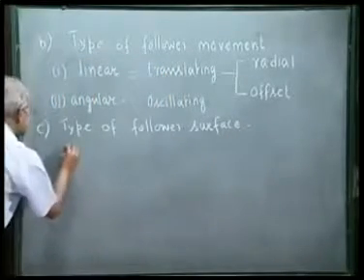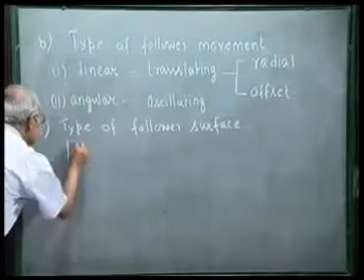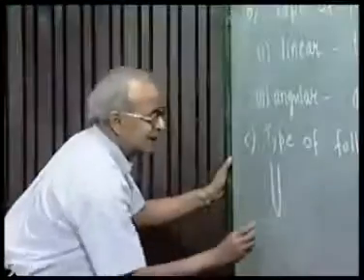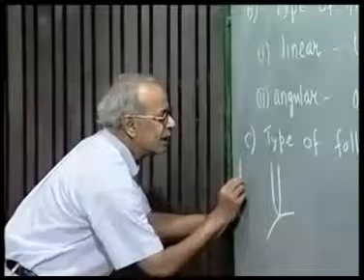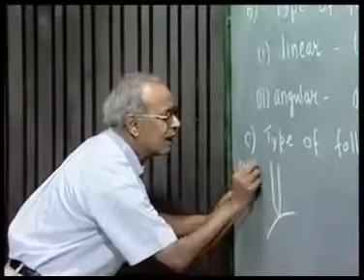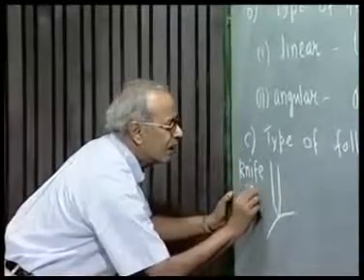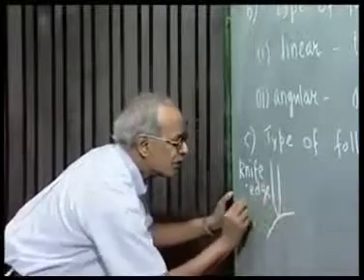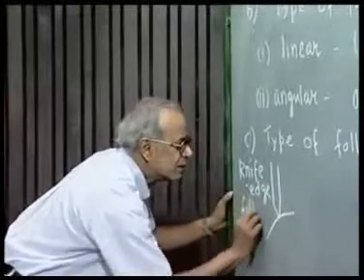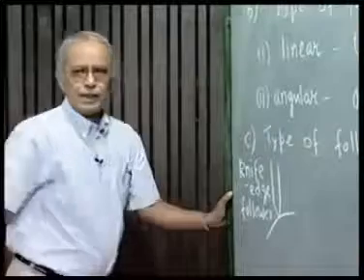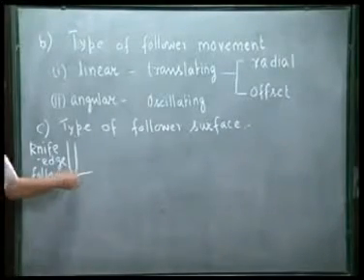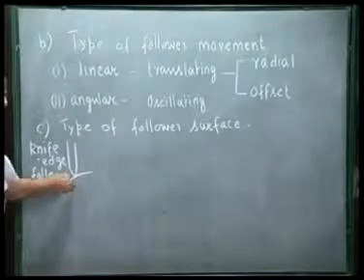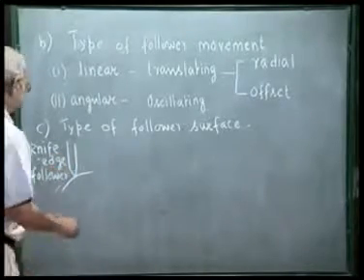If the follower has just a knife edge with the cam, then we call it a knife edge follower. It must be told that this knife edge is only theoretical, because knife edge follower is never used because of very high wear rate.